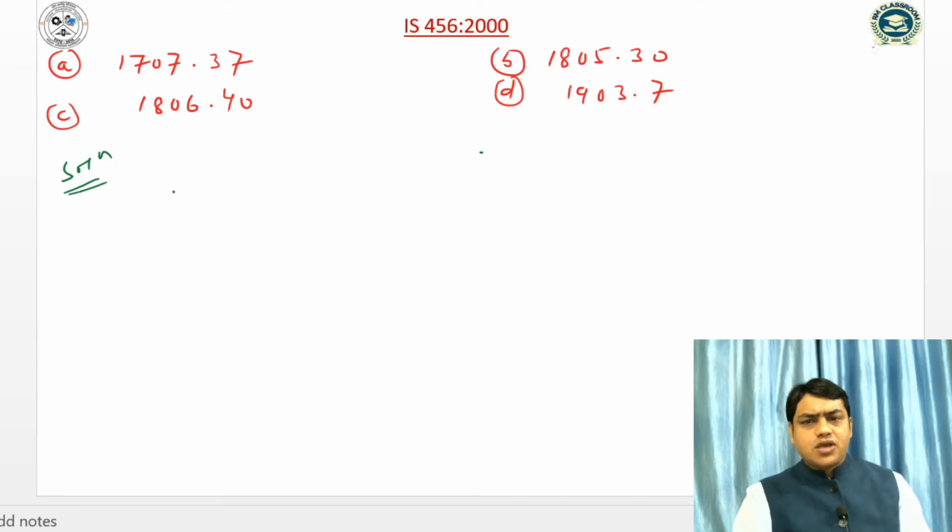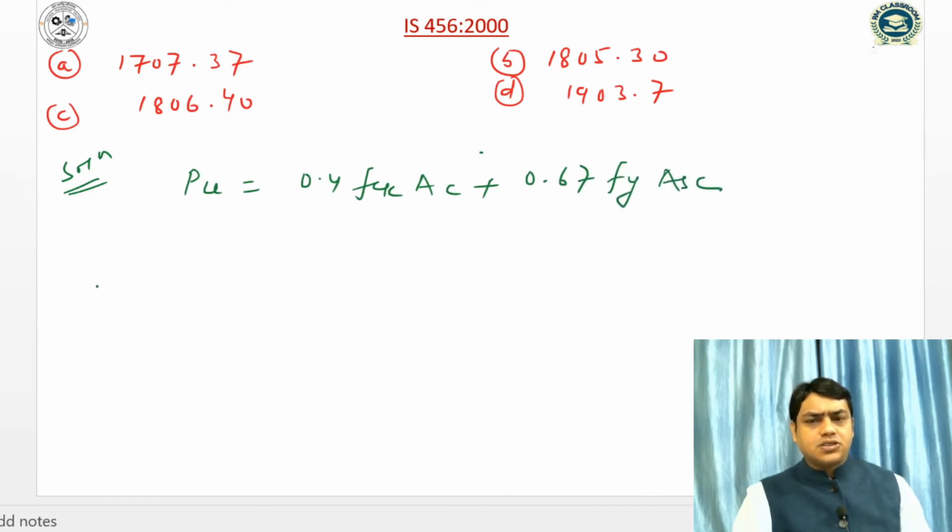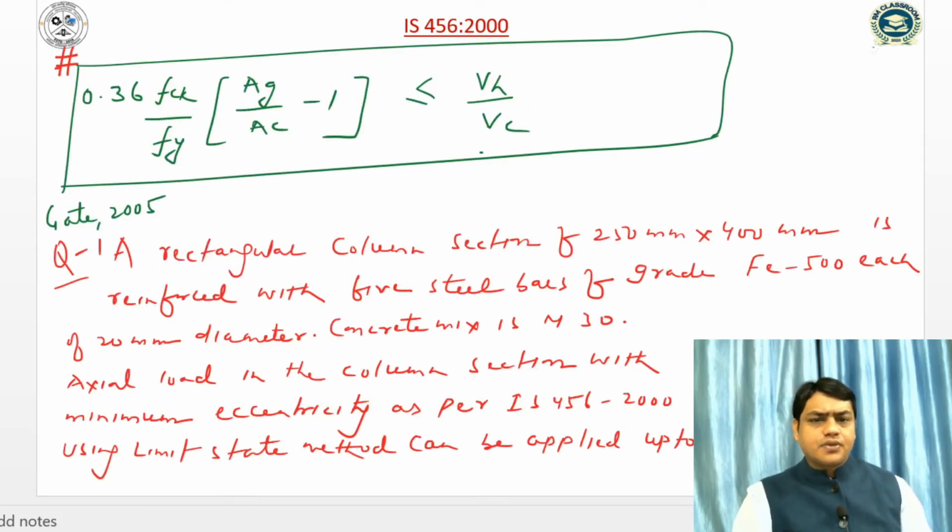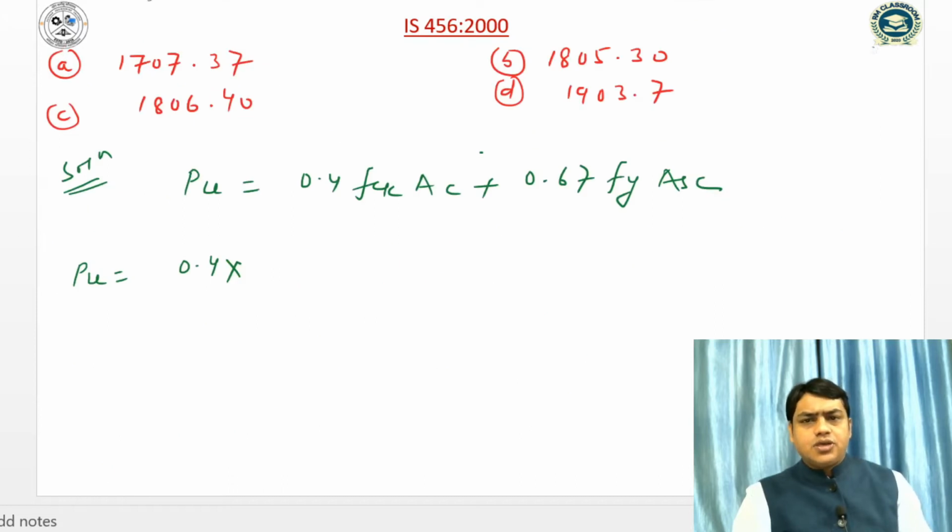IS 456. So the axial load Pu is equal to 0.4 fck Ac plus 0.67 fy into Asc. So Pu can be written as 0.4 into M30 into Ac.